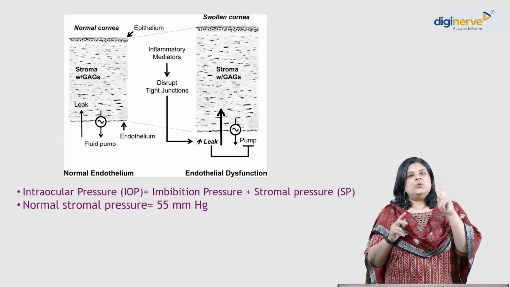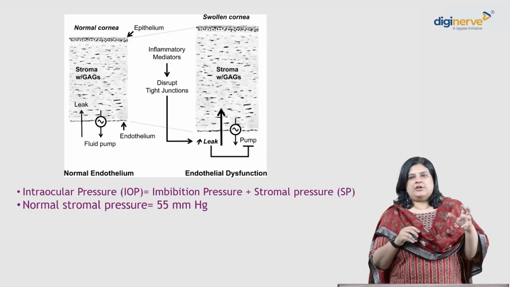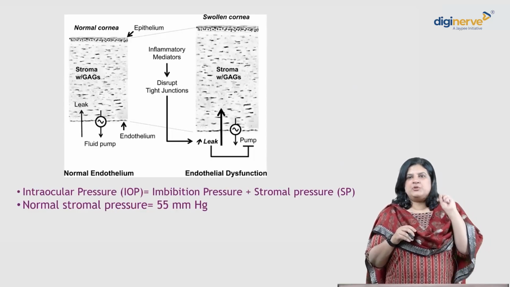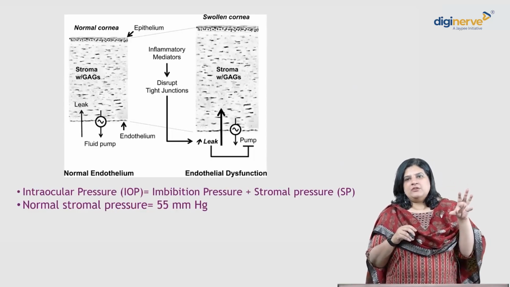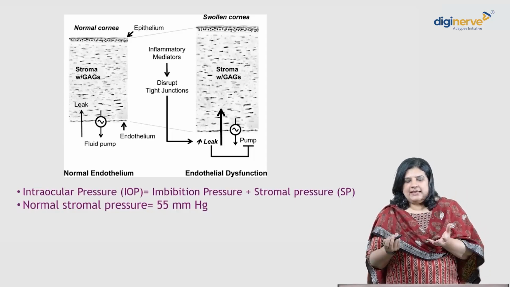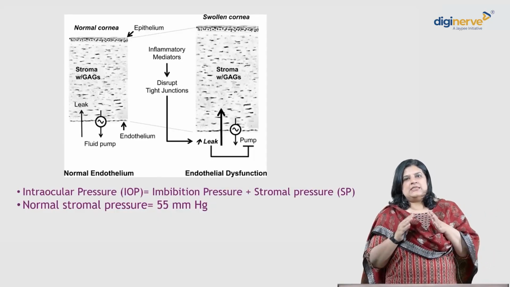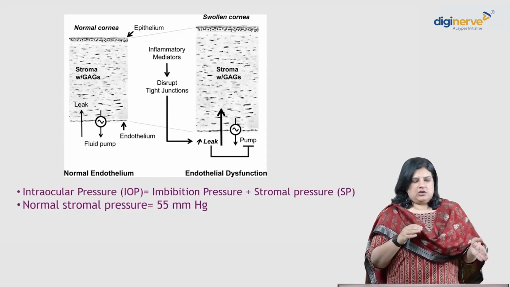Remember, there are 2 different pressures which decide the intraocular pressure. One is the imbibition pressure, which is in the stroma because of the glycosaminoglycans, and the other is the stromal pressure per se. Now, both these will contribute to the intraocular pressure.